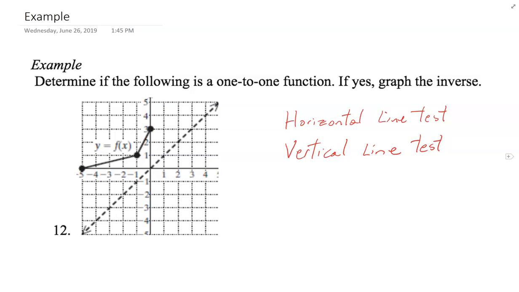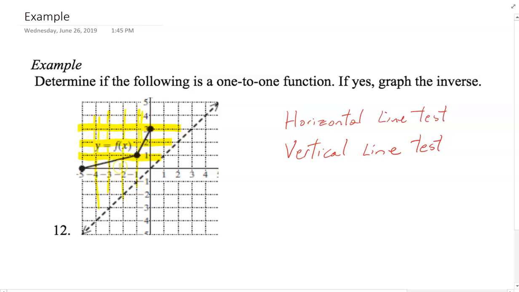So let's talk about domain and range of one-to-one functions, or determining if a function is one-to-one. Again, previously we said a function is one-to-one if it passes both the horizontal line test and the vertical line test.